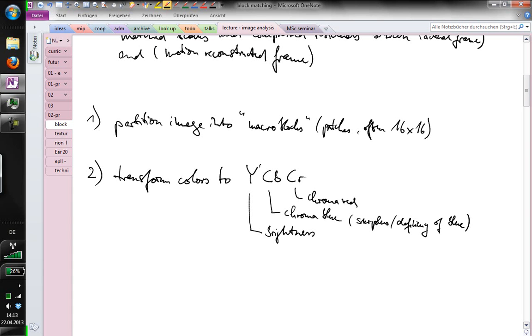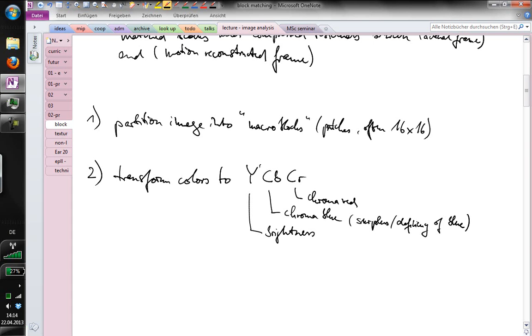So if we had CB and CR set to a constant value for every pixel in the image, then Y prime alone would encode a gray value image for us. And CB and CR give for each pixel, with regard to a purely monochromatic image, whether we have more or less of a specific color in there. So this is another way to encode colors.